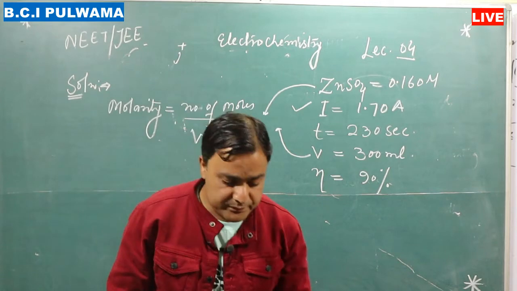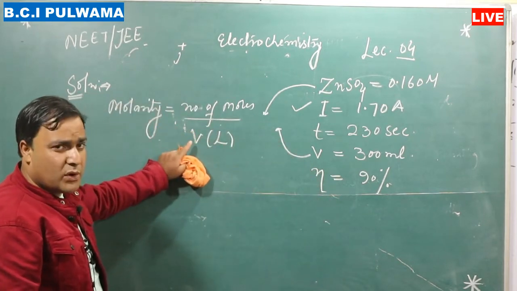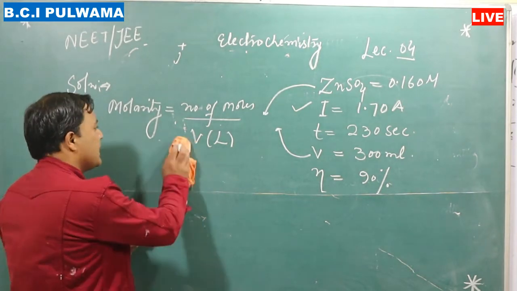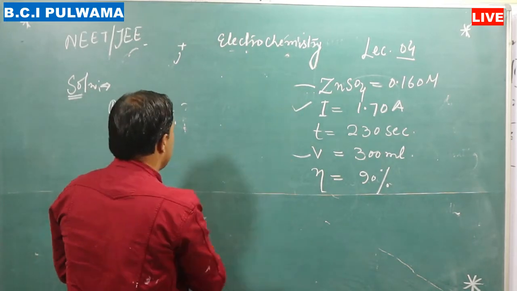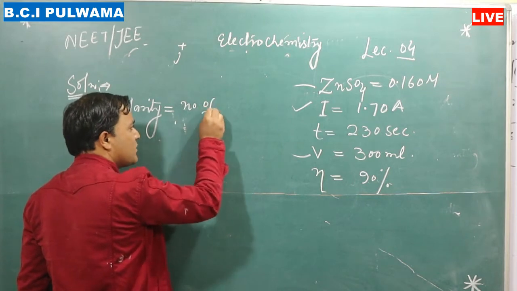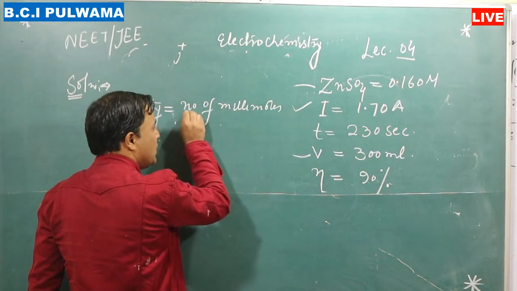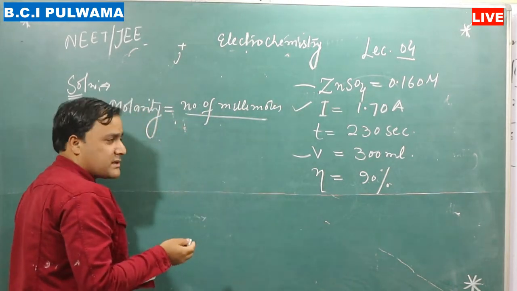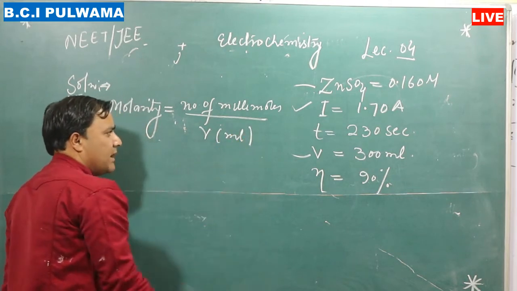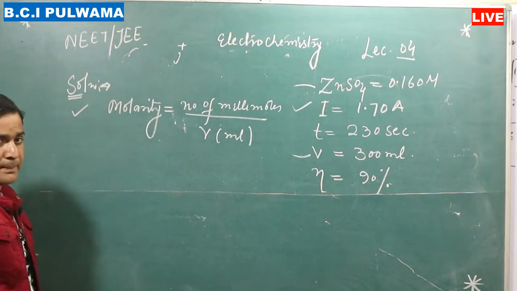The expression is number of moles of solute divided by volume of solution in ml, multiplied by 1000. The third expression, in terms of millimoles, is molarity equal to number of millimoles of solute, Zn2+ ion, divided by volume of solution in ml. This is the equation of molarity.